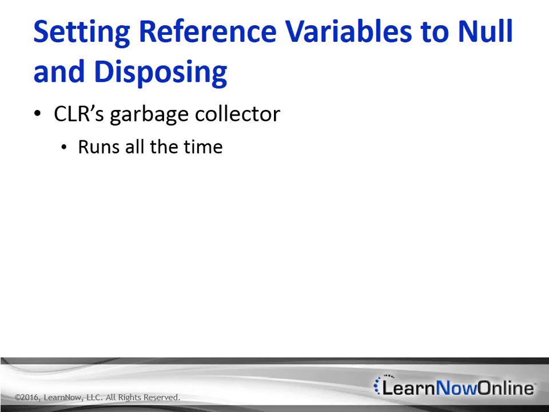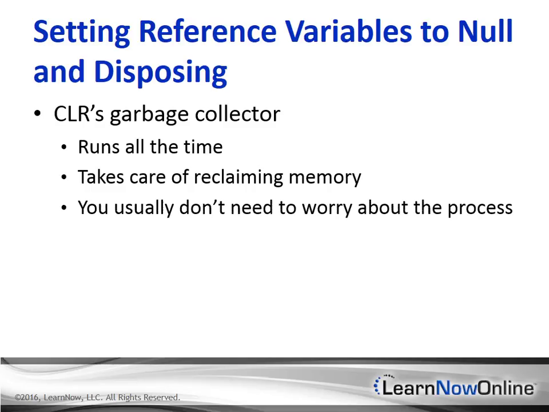It runs all the time that managed applications are running. And it takes care of reclaiming memory that your reference variables use as they create and work with objects. Unlike code built and run in other environments, with .NET you generally don't need to worry about when an object gets removed from memory. When you're building managed applications, the GC takes care of managing and reclaiming memory for you.